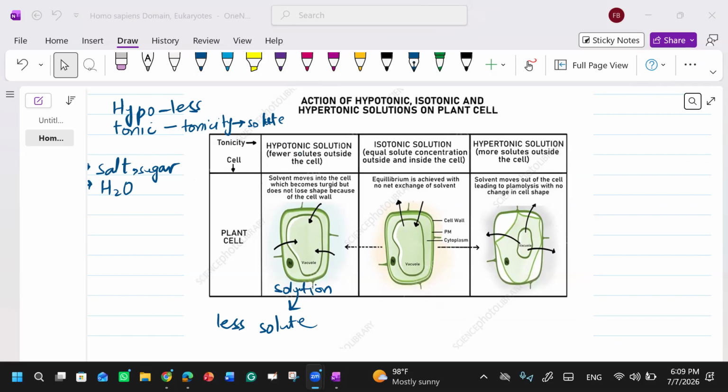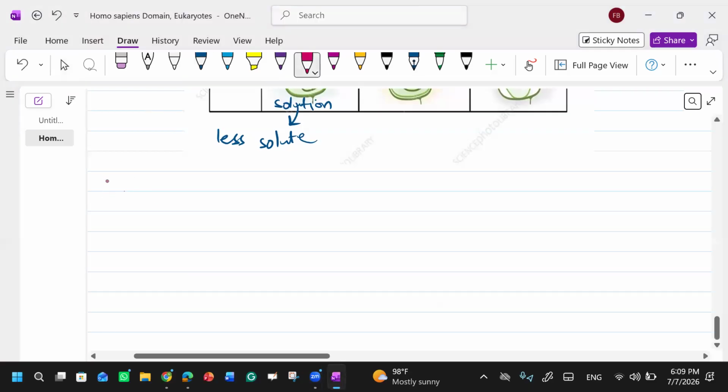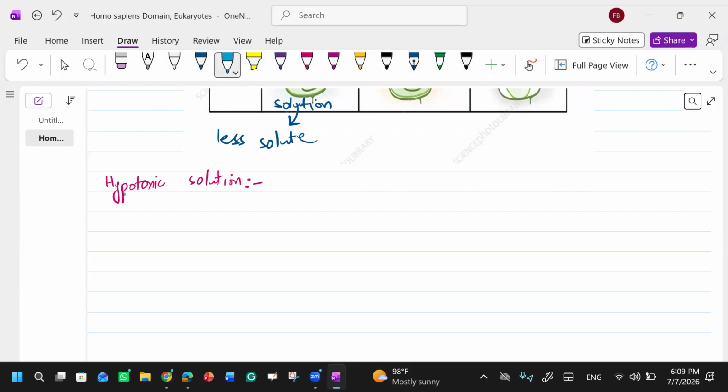Hypo means less, tonic means solute. Tonic is from tonicity, as I told you. Solute is tonicity. Less solute in the solution. Let me write it below.